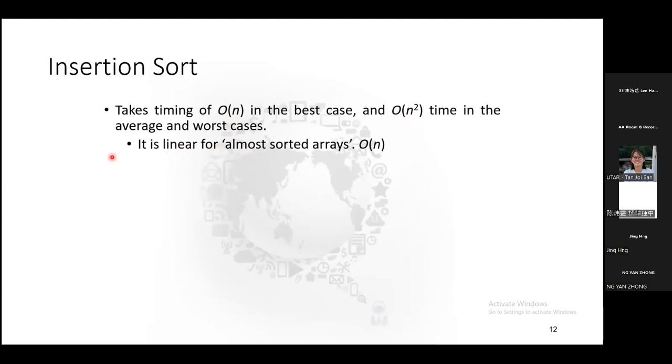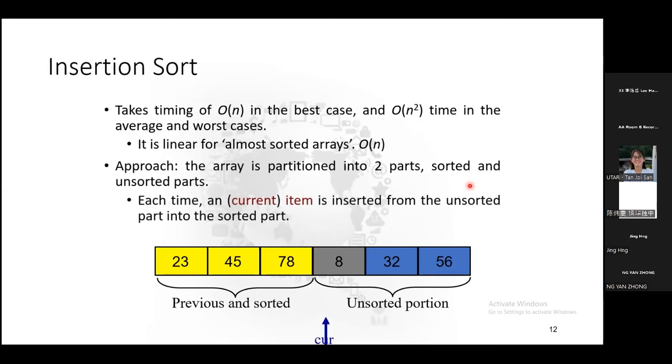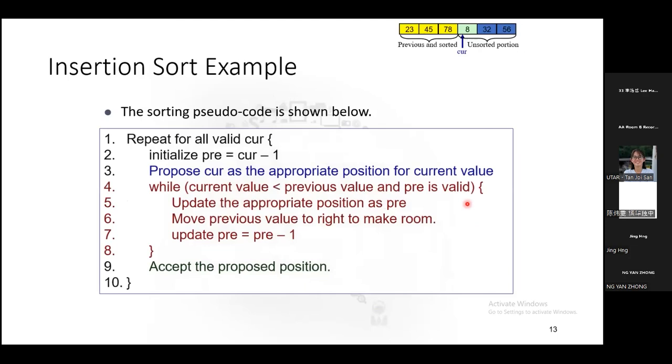O(n) is linear for almost sorted arrays. So the array is parted into two parts, which are sorted and unsorted. Each time, n items are inserted from the unsorted part into the sorted part. So this one you have to look into.